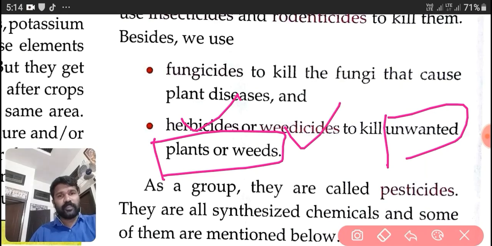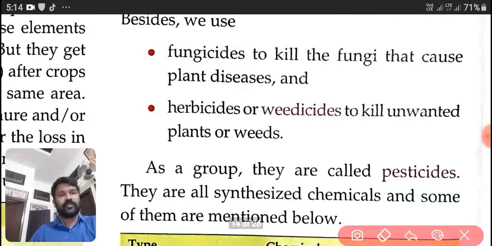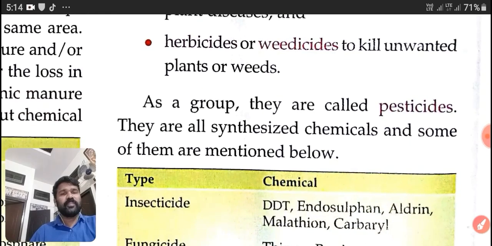All these fungicides, insecticides, rodenticides, herbicides, weedicides together are called pesticides. They are all synthesized chemicals, and some of them are mentioned below.